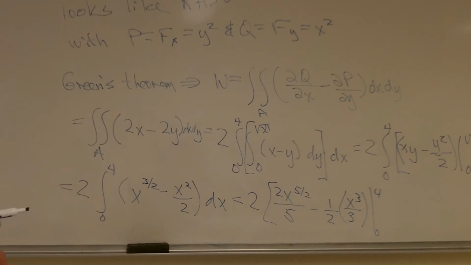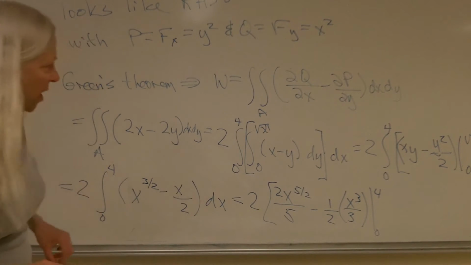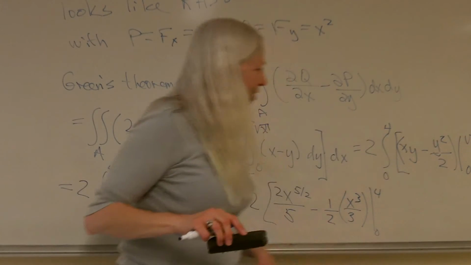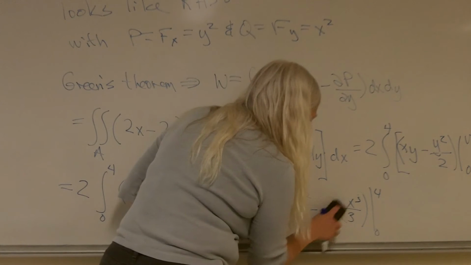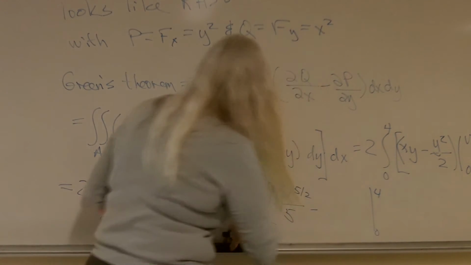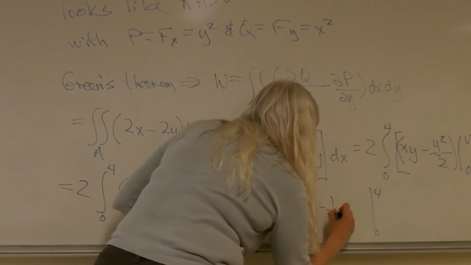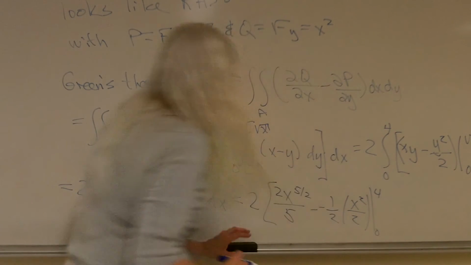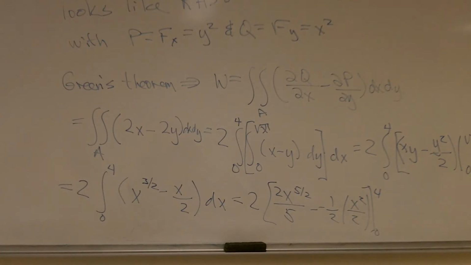Yeah. Instead of x squared, it's just x. Yeah, absolutely, you're right. I think I even said the right thing and I wrote the wrong thing. Because we plugged in y equals the square root of x, so y squared was just x. So this is just minus x over 2, and that means when we integrate that, we've got a minus 1/2 out in front, and the integral of x gives us x squared over 2. Okay, and then we still have to evaluate the limits 0 to 4.